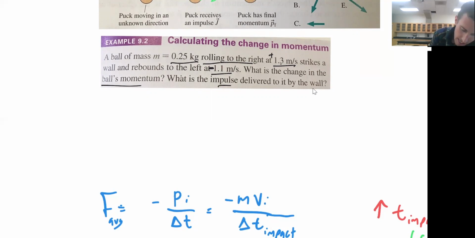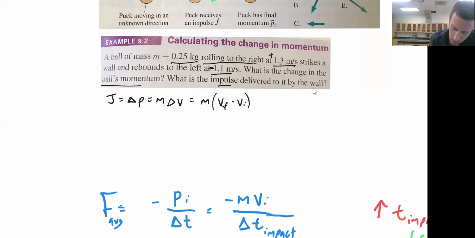All right, so I know impulse is what I want to solve, and conveniently, the impulse is equal to the change in momentum, which is equal to the mass times the change of velocity, which is equal to the mass times velocity final minus velocity initial.